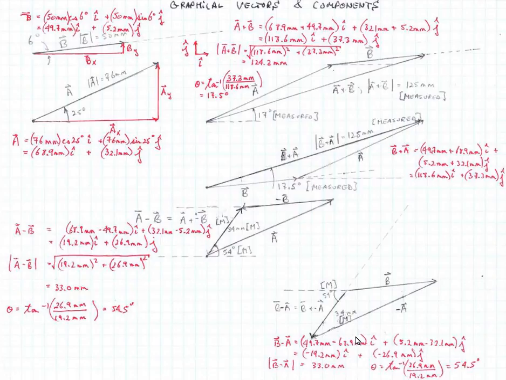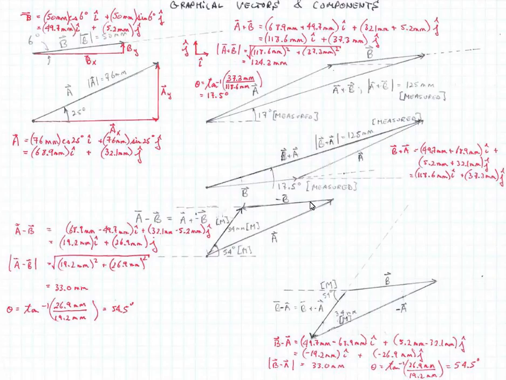Then in these last two pictures, I draw A minus B, and so the way we're going to do A minus B is instead of subtracting B, we're going to add the negative of B, which is the same thing.